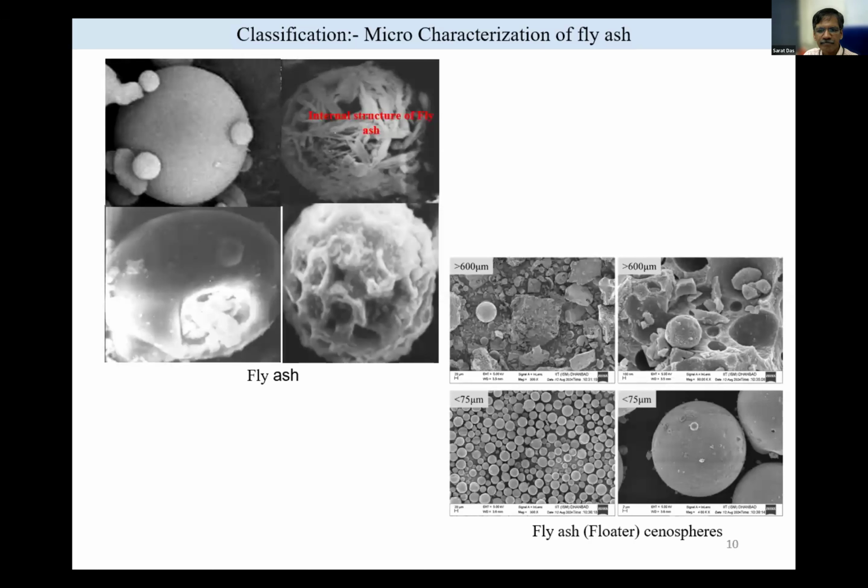Going further, I have shown you here the shape of the particle. If you see the shape of the particle for the fly ash, it is mostly spherical and depends upon the type also. Here I have written a very specific type called floater or cenosphere. If you see, it is so spherical and almost of equal size, though it contains 1 micron to 100 micron.